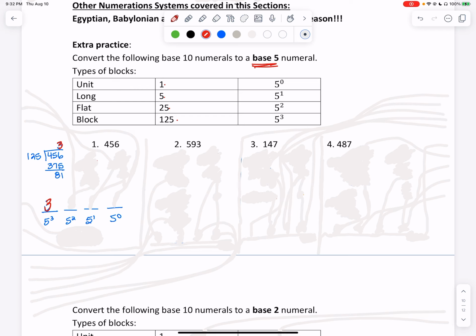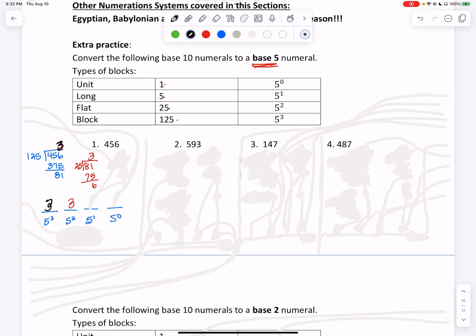All right. Then I'm going to take my 81, my leftover, my remainder, and start another division problem. Oh, and I made it red. Sorry about that. Anyway, I'll go ahead and make this black. Okay.